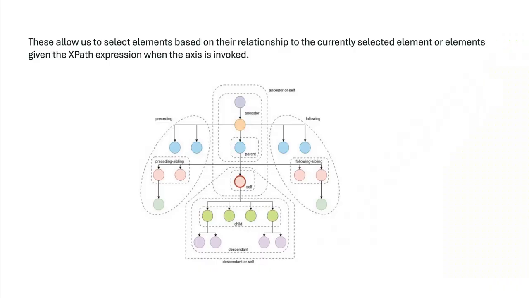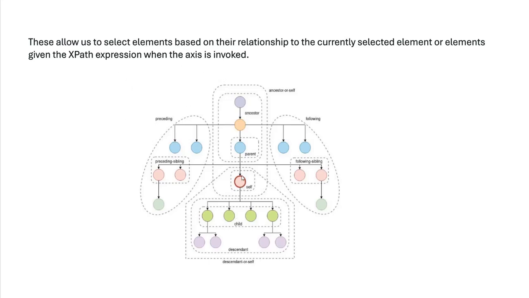So let's get started. These XPath axes allow us to select elements based on their relationship to the currently selected element, or elements given the XPath expression when the axis is invoked. Basically, it all starts with one particular node. Let's call it a self node.